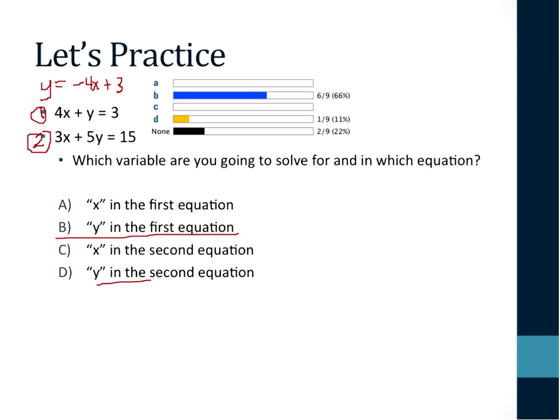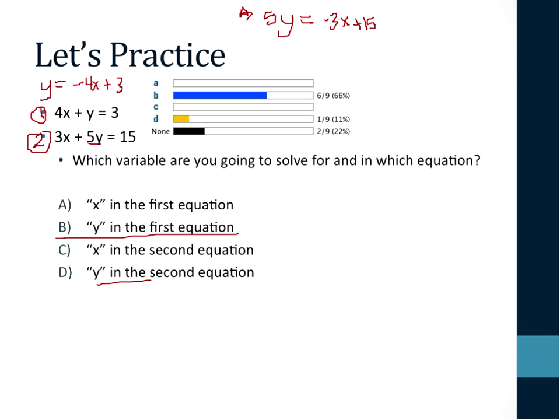Let's look at D though, y in the second equation. If we solved for that, we would start by subtracting 3x. I'm going to do that work up here. So we would have 5y equals negative 3x plus 15.